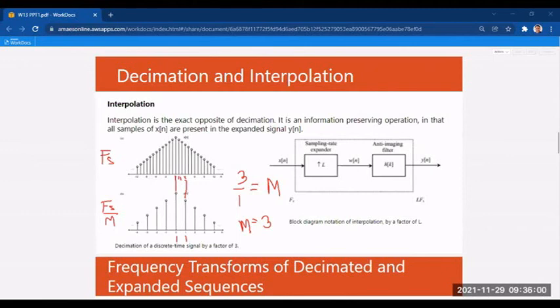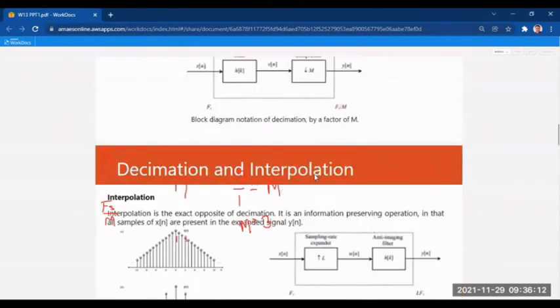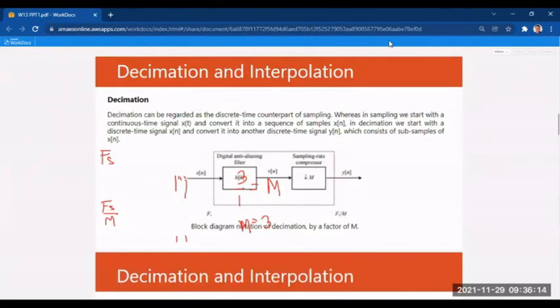So the block diagram notation of the decimation process is depicted in the figure. A digital anti-aliasing filter precedes the downsampler to prevent aliasing from occurring.